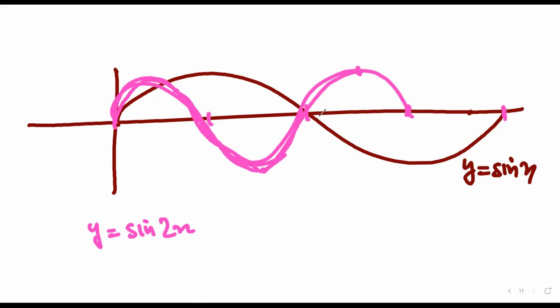Basically, the curve is running faster, completing its cycle faster than the original y is equal to sin x. Is it making sense? The frequency of the wave has increased.